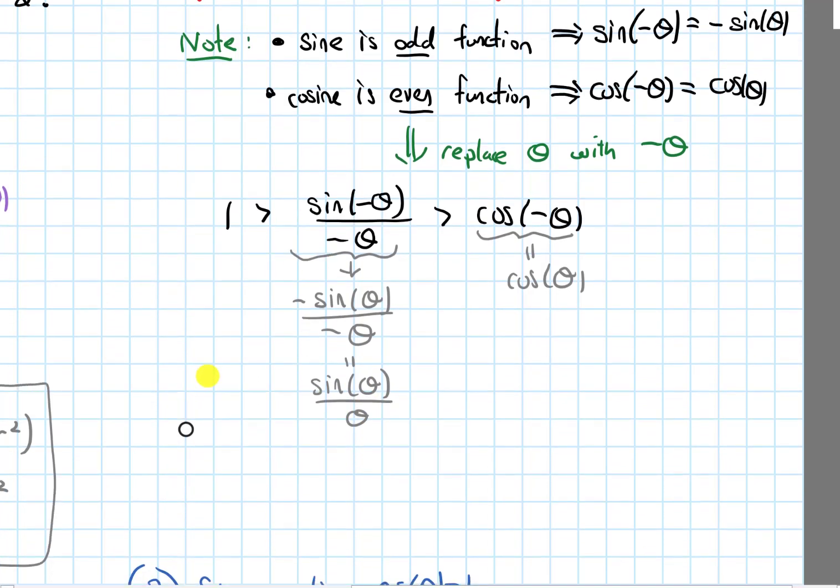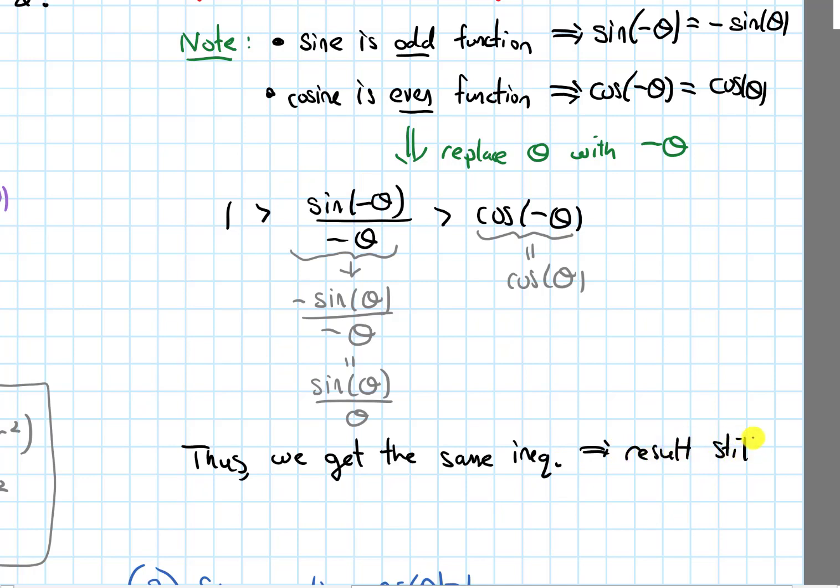So thus, we just ended up with the exact same thing, like all the negatives essentially went away. We get the same inequality even when my angle is negative. So the result still holds for negative angles.